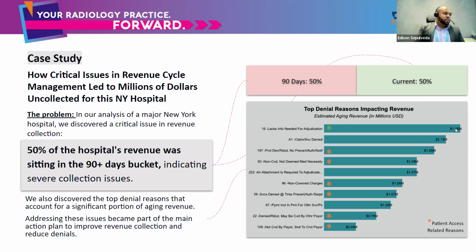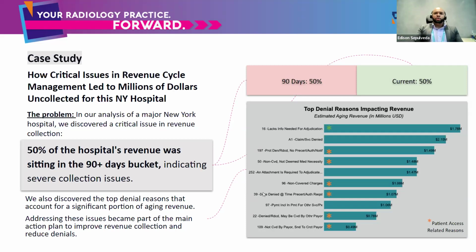But there are also others related to the no authorization process. And this might be due, again, to what I mentioned earlier, that you didn't allot enough time for your authorization team to be able to process that authorization, or that you may not have been aware that you needed an authorization for that particular procedure. And that's, again, very significant. And another one that we typically see is that you got denied in the authorization.